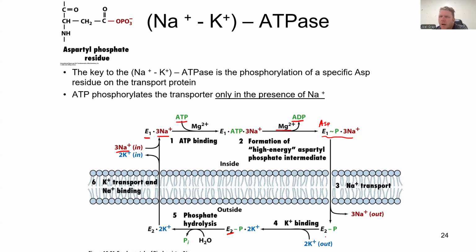Okay, so now our protein is still phosphorylated, and what it's able to do is bind to potassium ions. So E2 is phosphorylated and has 2 potassium ions, and as soon as the 2 potassium ions have been bound, E2 is going to hydrolyze that phosphate away, releasing inorganic phosphate. Then that E2, which is bound to potassium, can undergo a conformational change of its own.